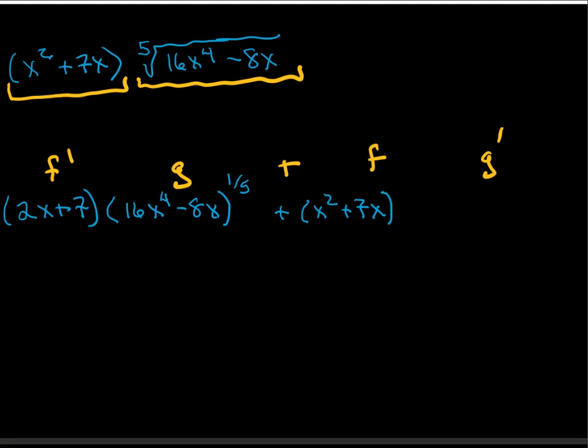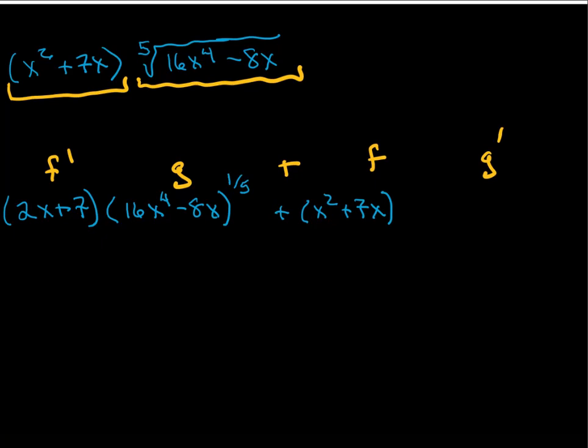Old hat stuff. Uh-oh, we got to take the derivative of g. What rule do we need to use to take the derivative of g? It's a chain rule, isn't it? You mean you can use the chain rule inside of the product rule? You can, and you can use the product rule inside of the chain rule, and they can get all mixed up in every which direction. Okay, so let's see here.